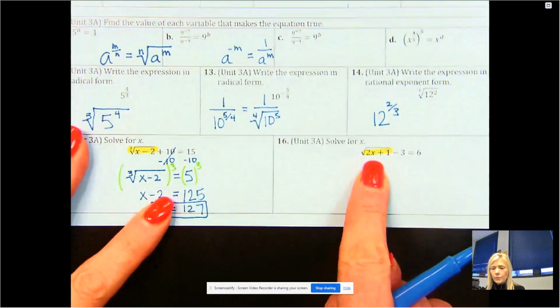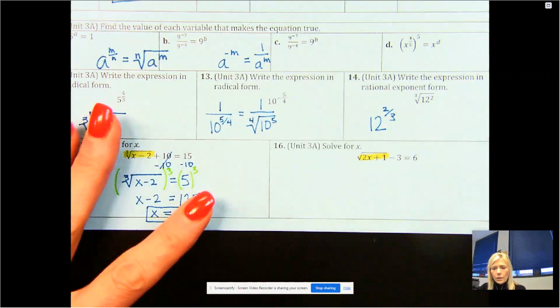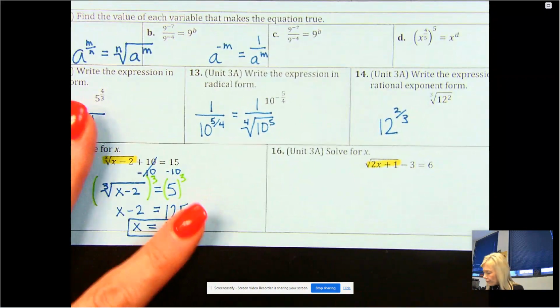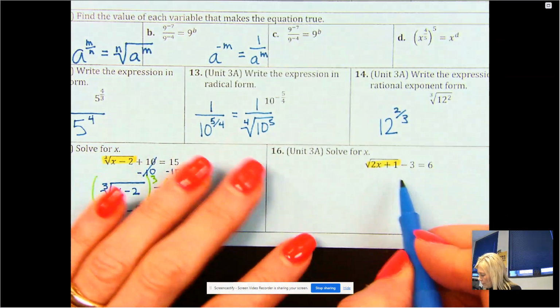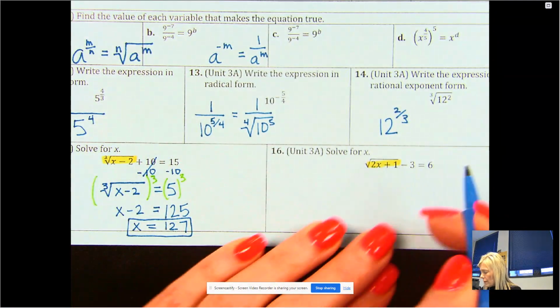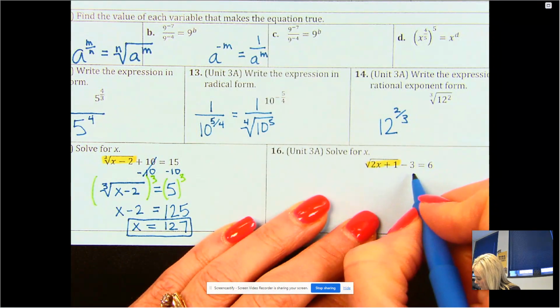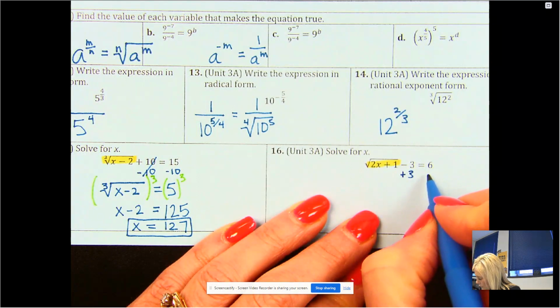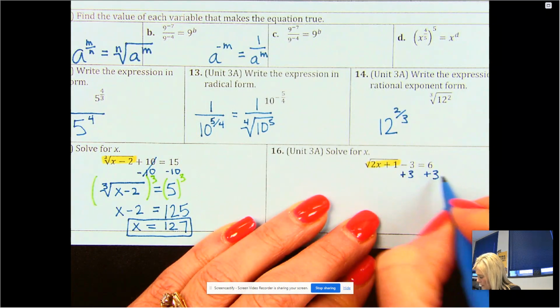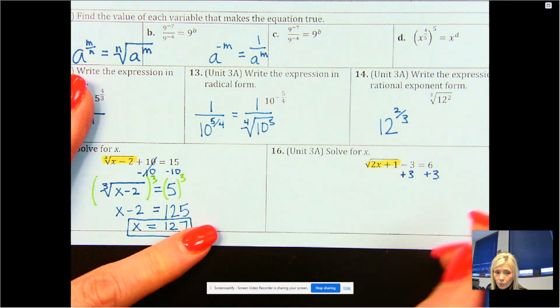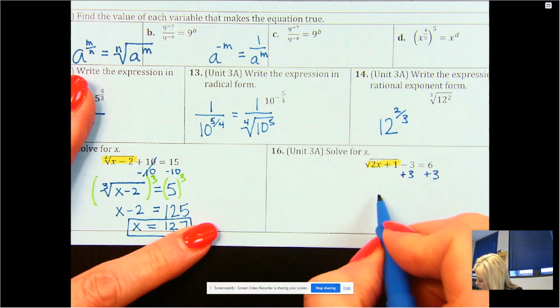So let's see what this one has. So for this equation, to isolate this radical, I'm going to add the 3 because it's being subtracted. Notice I am not going to do anything with the 1 because it is under the root and cannot be touched.